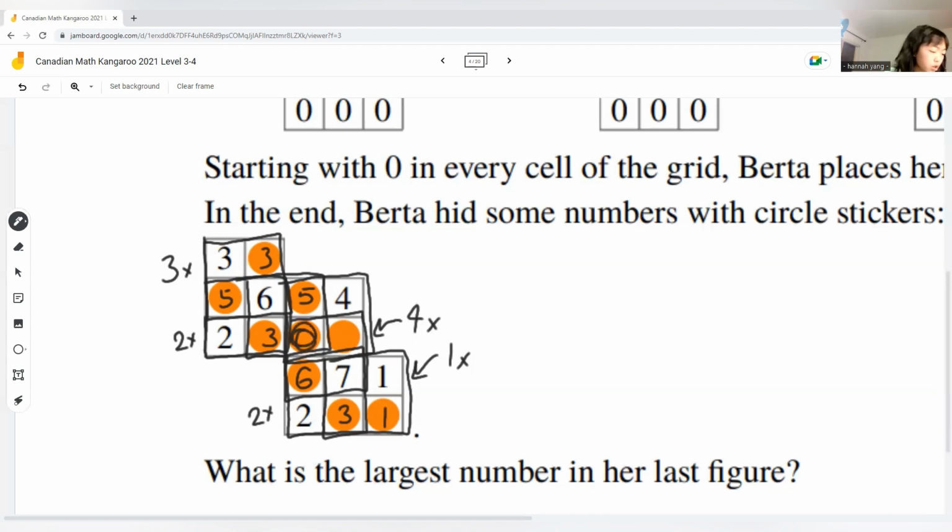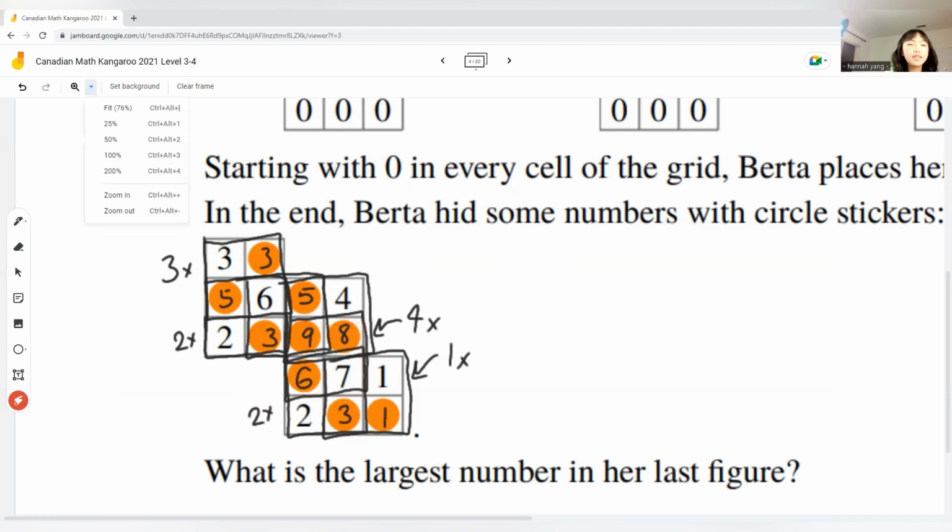This spot would be 9, because it's 4 here, 1 here, and then 4 again. And then this spot would be 8 because it's 4 and 4.